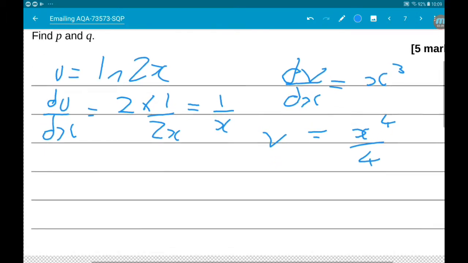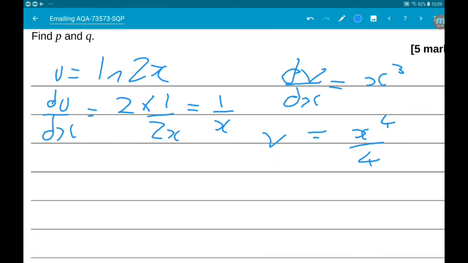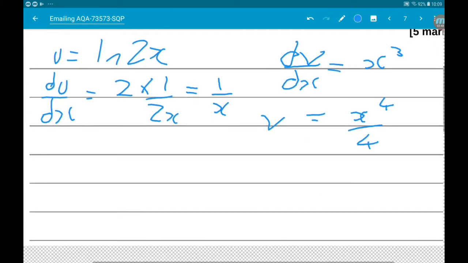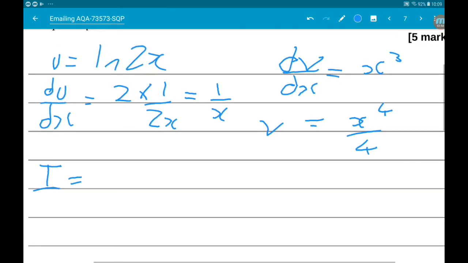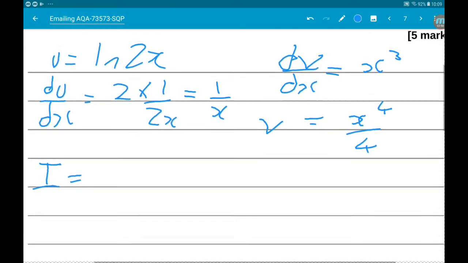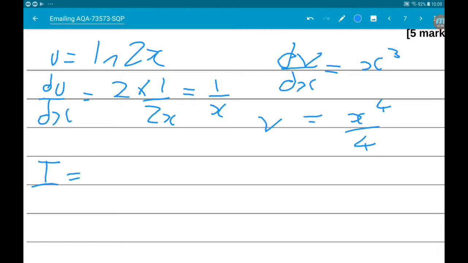Okay, so let's calculate the integral then. We're not going to worry about the limits just yet. So the integral is u times v. So log of 2x times x to the 4 over 4.